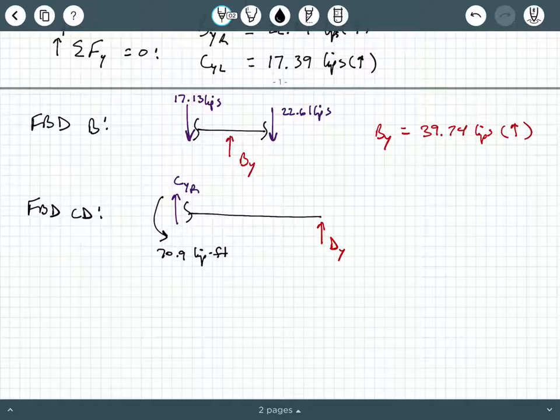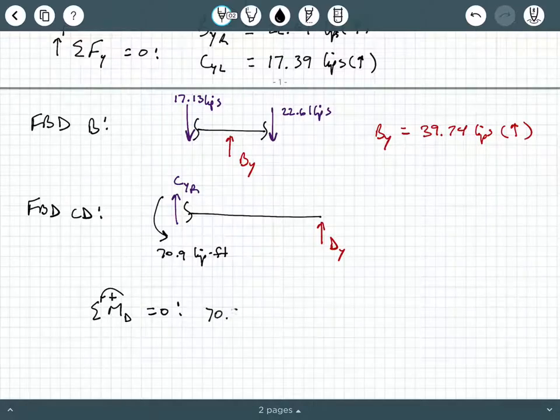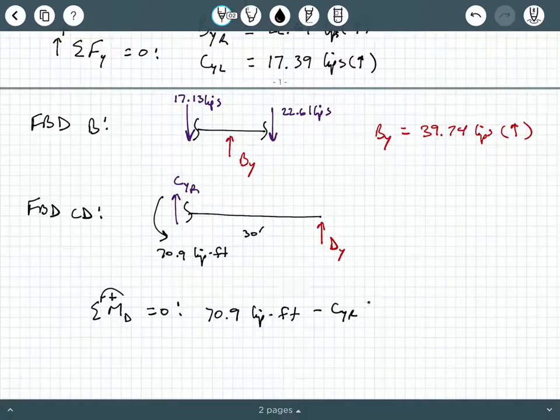70.9 kip feet here. Okay, so we're going to say sum of the moments about D equals 0. And we're going to have 70.9 kip feet. This is 30 feet long, by the way. Minus CY right times 30 feet equals 0.